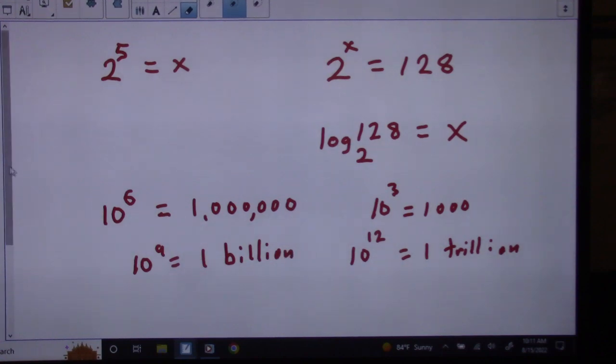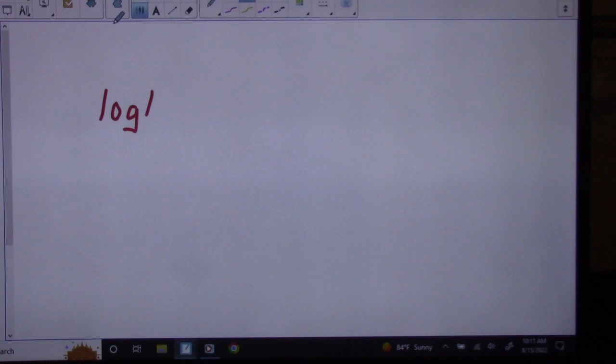So let me go ahead and just rewrite something down here. We'll say the log of 100,000 equals x.